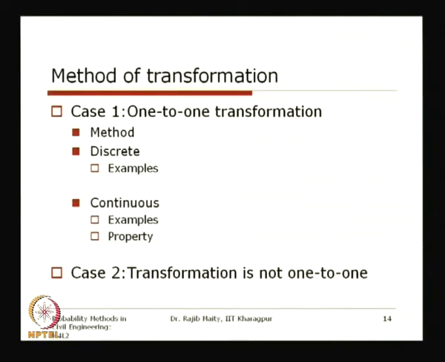Now we discuss another method, called the method of transformation. This method of transformation is popular in the sense that in most engineering application problems and practical application problems, whenever some function of a random variable is taken, in many cases the correspondence is 1 to 1.